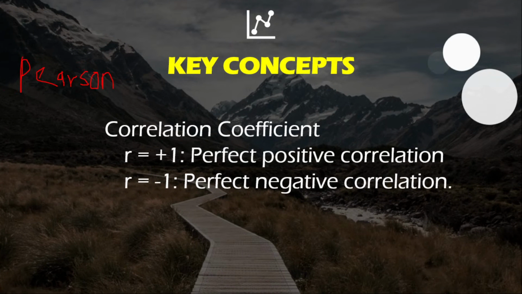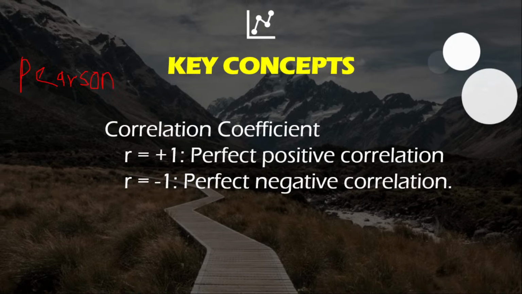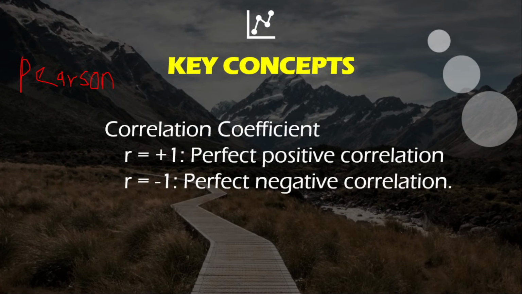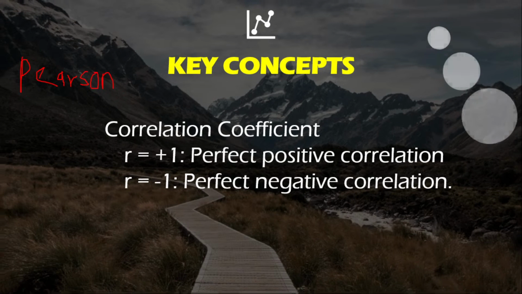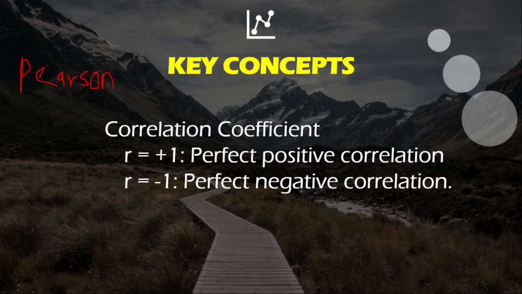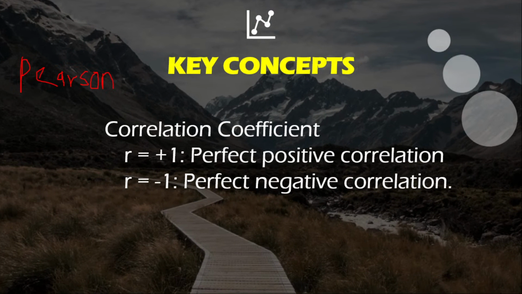The minus shows the direction. The plus shows the direction. In other words, on the number line, there are the positive integers and the negative integers. So once it is minus, it is in the negative direction. Once it is plus, it is in the positive direction. Then the 1 there is what shows the strength. It is a perfect relation.